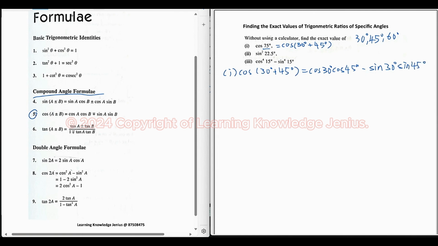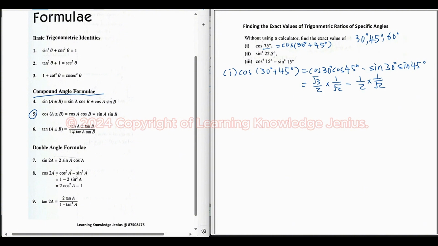Then after that, you can just write the exact value for them. You can also get it from the calculator, otherwise you can just memorize them. So for the cosine 30 degree, it will be square root 3 over 2 times cosine 45. This is half, and then this is this. But otherwise you can just get it from the calculator and then square it.